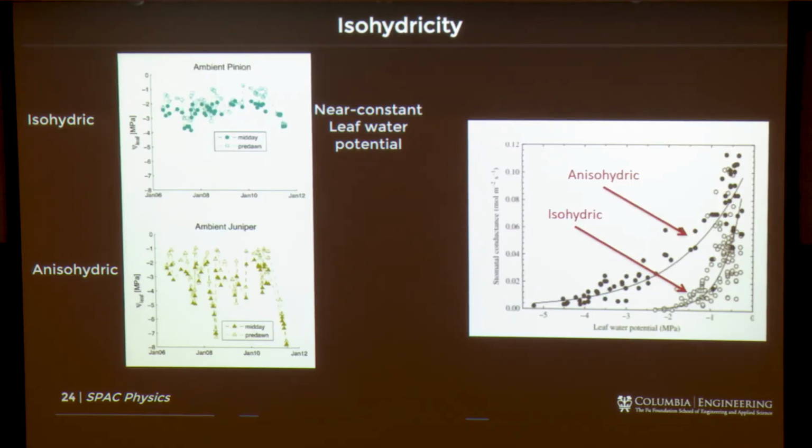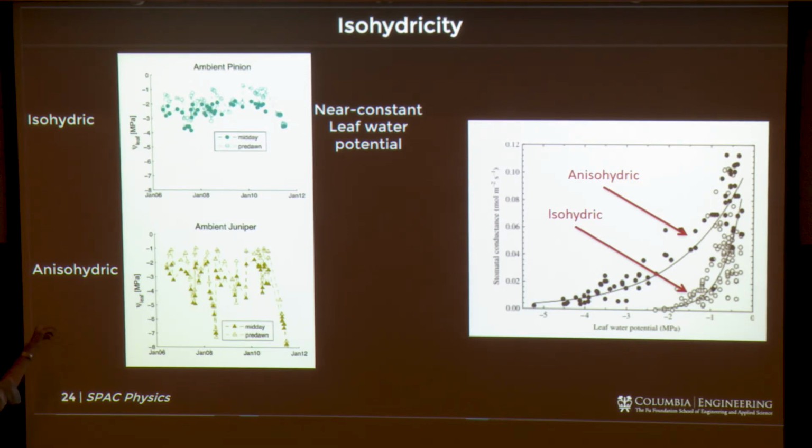Now, you can have a spectrum of different responses, but one of which is this very isohydric type of behavior. By that, we just mean that leaf water potential is going to be very, very steady when we record it across different time scales and during, say, a dry down. It's actually very unclear how that's defined in the first place, but that's a different story.